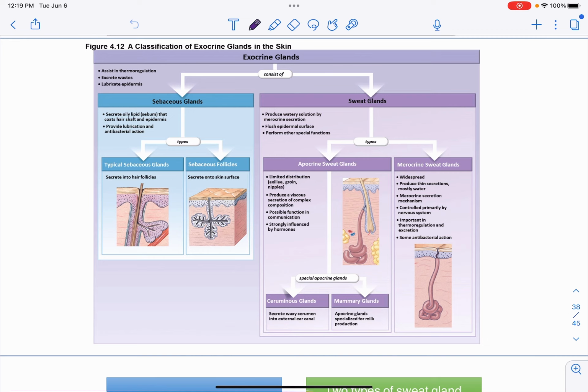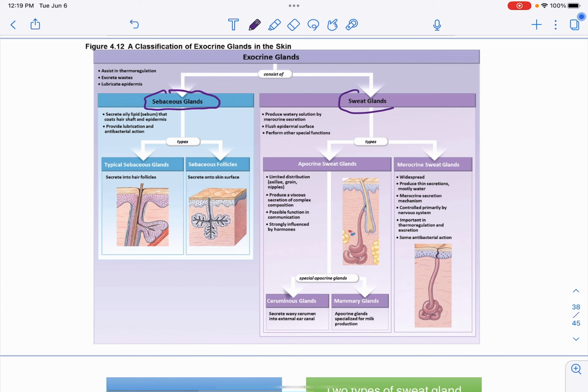So we touched on a couple of these already. And so let me point out the important features that I want you to know. So there are two categories. The first is sebaceous glands, which I touched on concerning hair, but they are also associated with skin.